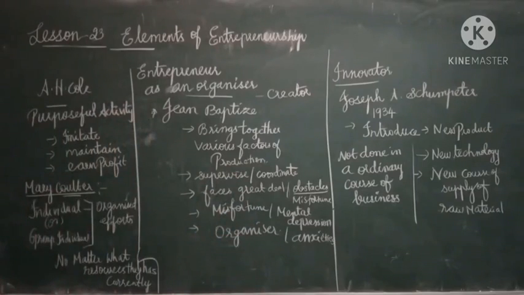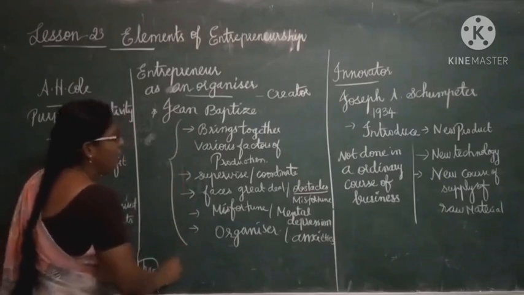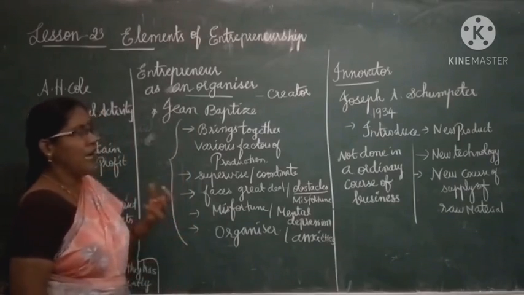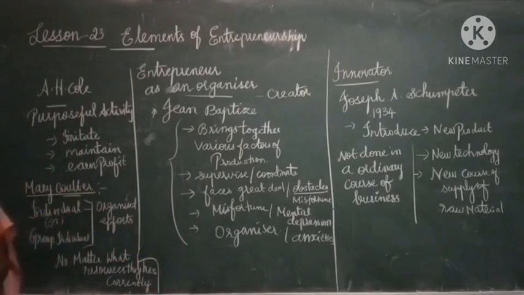Mental depression and anxiety: in the process of organizing whatever venture or business, they are going to face mental depression, obstacles, misfortune and anxiety. It is quite natural in the venture. So we call the entrepreneur an organizer.